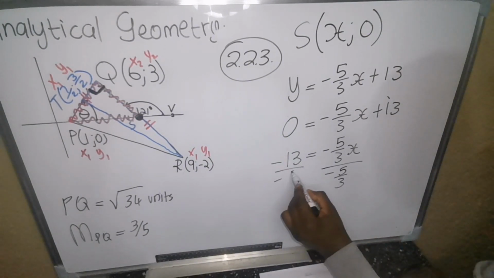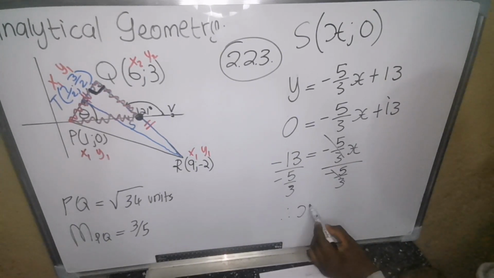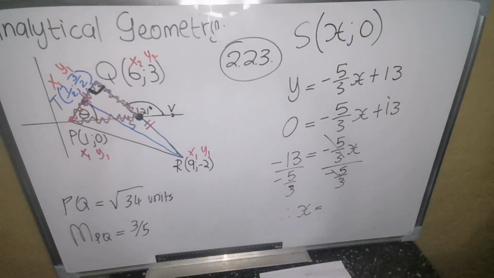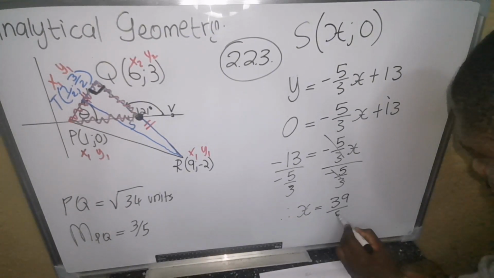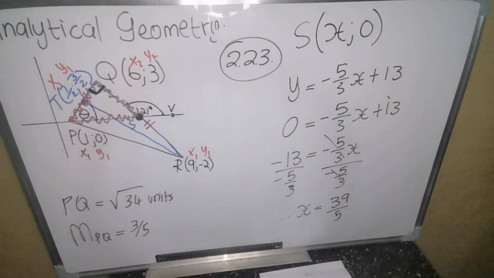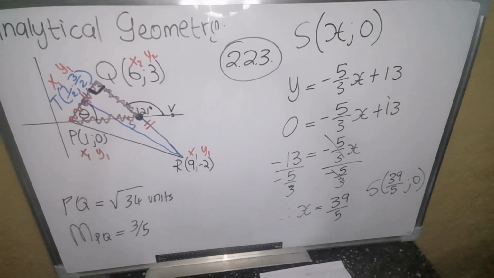Therefore x is equal to negative 13 divided by negative 5 over 3. The answer is 39 over 5. Therefore, the coordinates of S are 39 over 5 and 0. You are done, guys, for 2018.